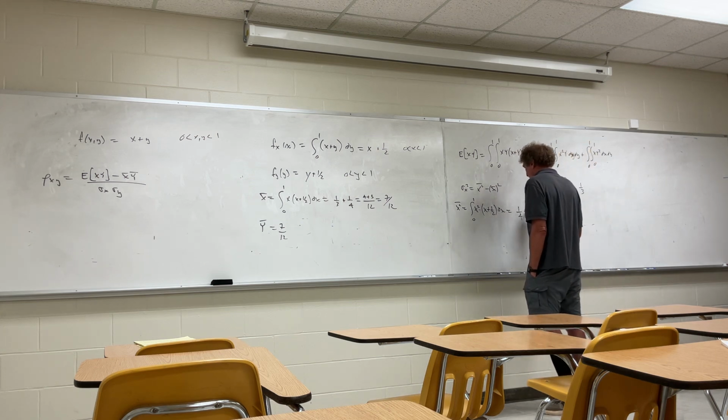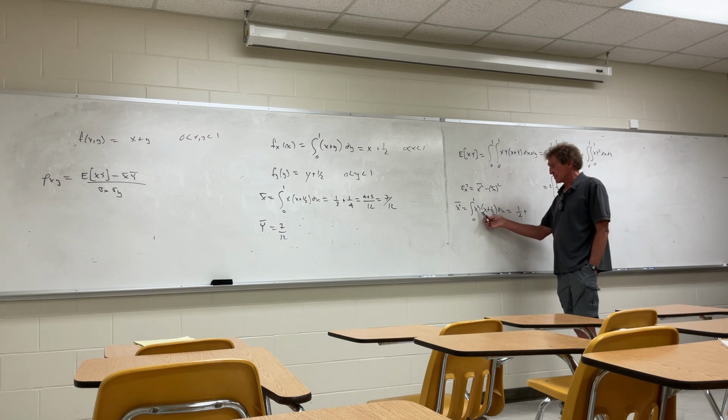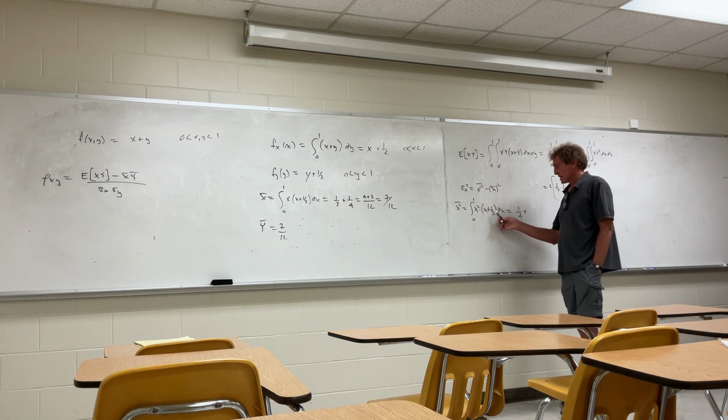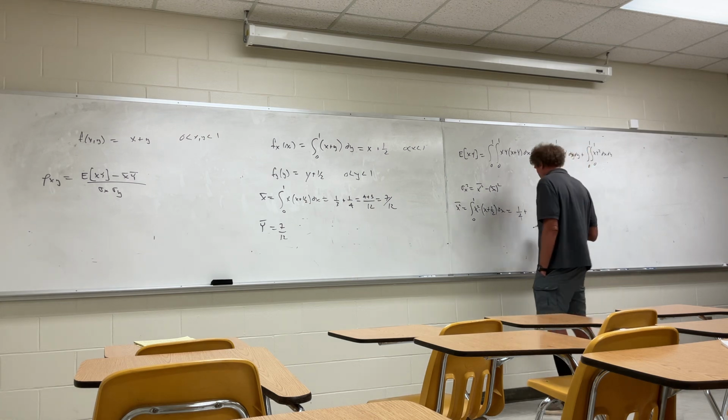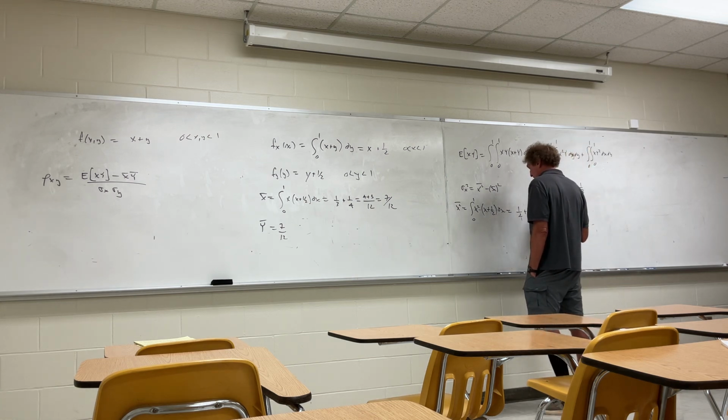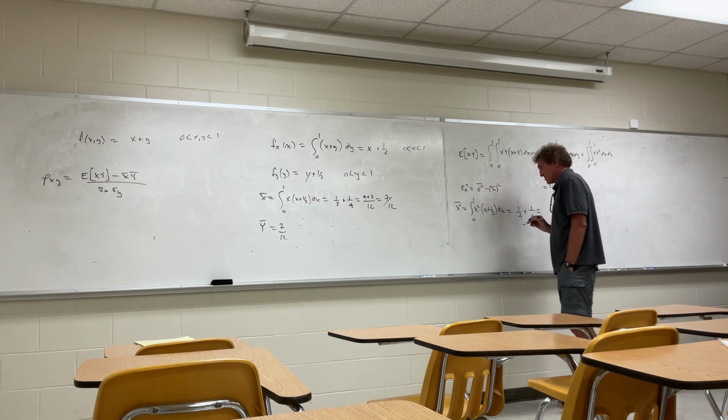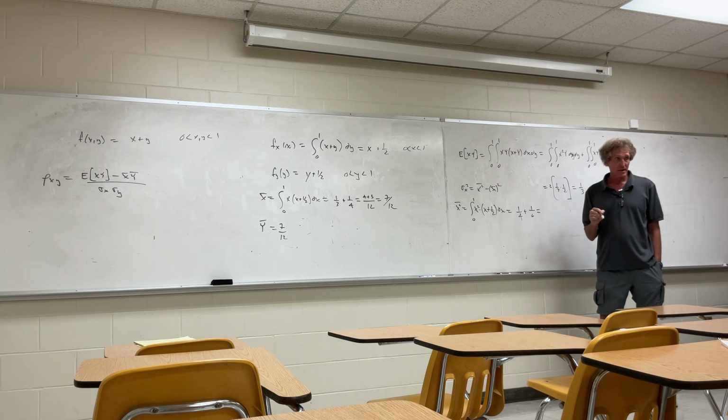And now I have simply x squared times 1/2 dx, or it'd be x cubed over 3 divided by 2 from 0 to 1. That's going to be 1/6. Do you agree with that? By the way, if you ever feel unsure about this, just use your calculators. It'll save you points.